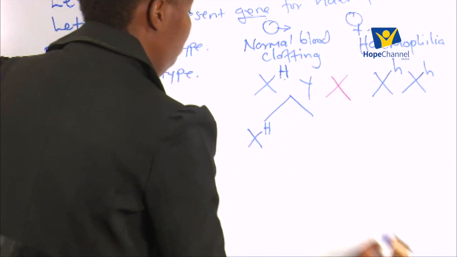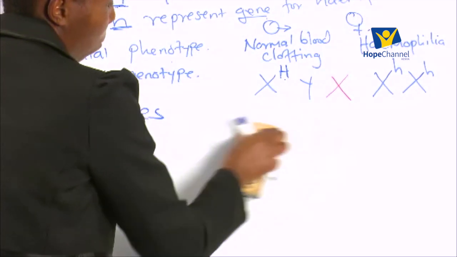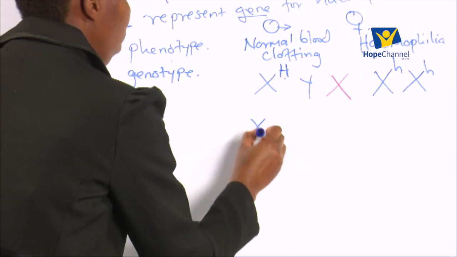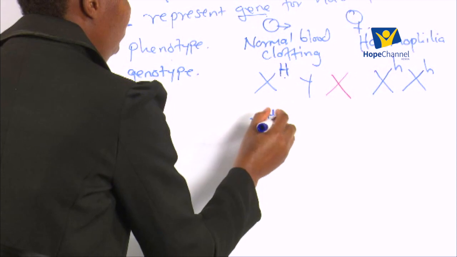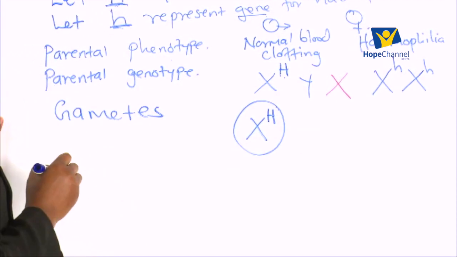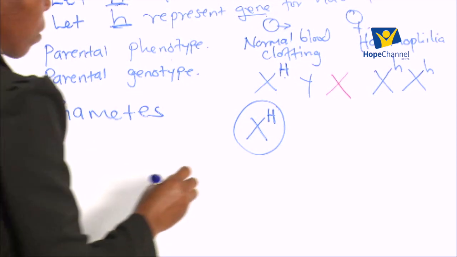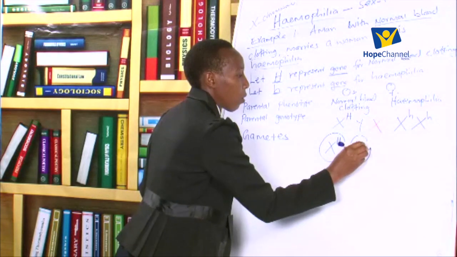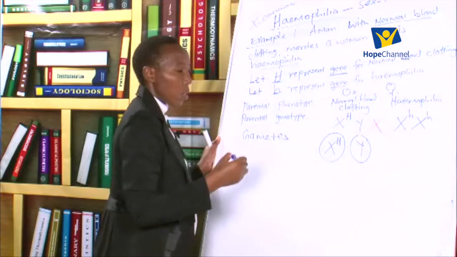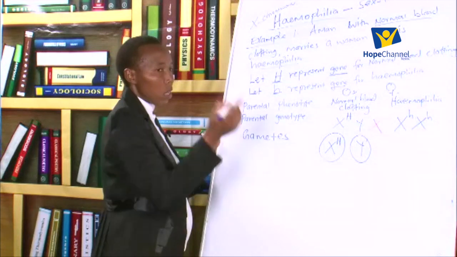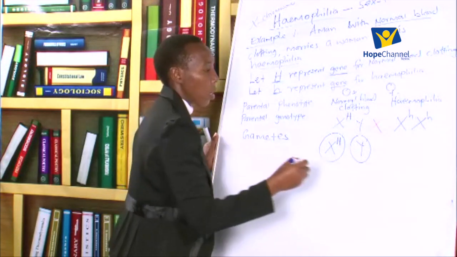We are going to have this X, which is carrying the gene for normal blood clotting, formed as a gamete cell. Then we say that gametes we circle, and you make sure that the circle is complete. Then we also have this Y. We assume meiosis has taken place, because we discussed what meiosis is and how it takes place.